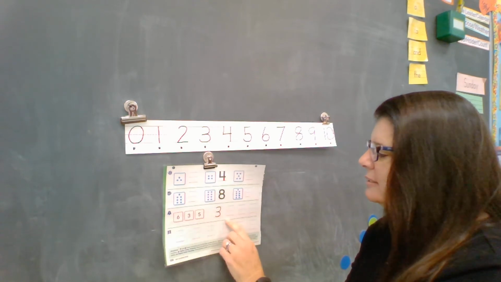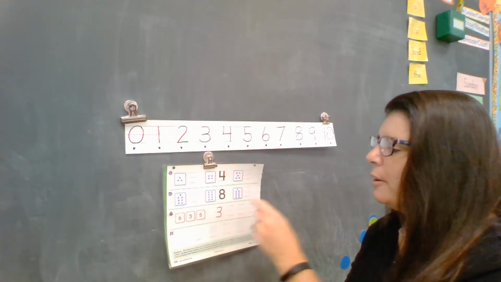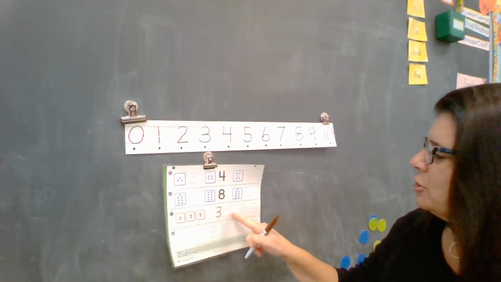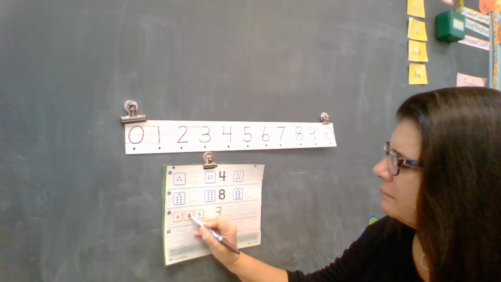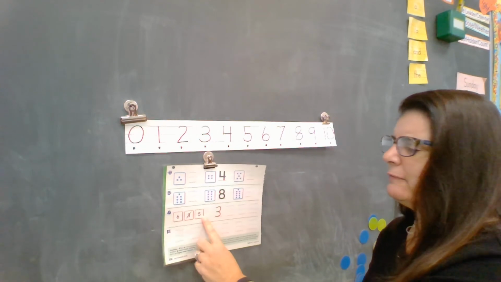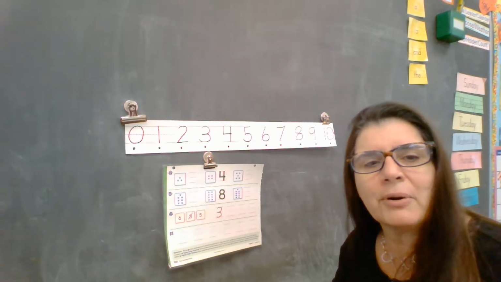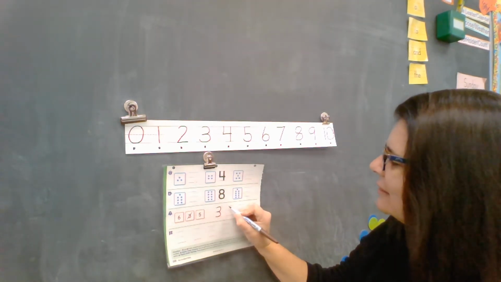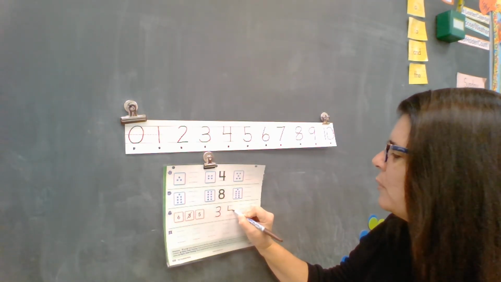And you're going to put the rest of the numbers in order, but they might be missing a number because you need 3 more numbers. We already wrote 3, and we only have 2 left. What number comes after 3? You got it. The number 4.